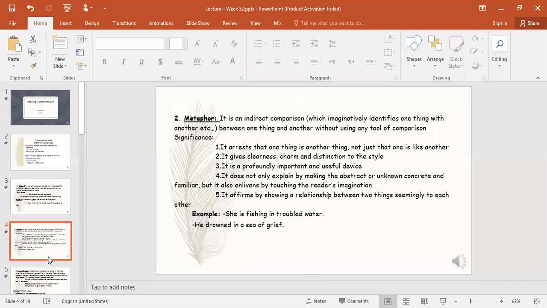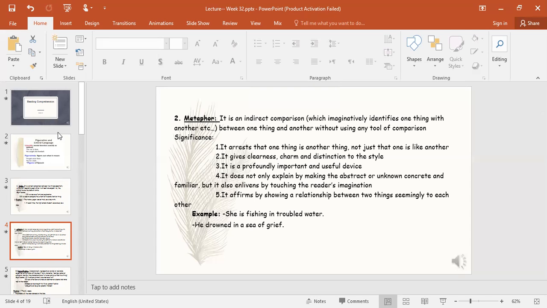The simile is a direct comparison in which we use as or like, and the metaphor is an indirect comparison which compares two things that are, of course, opposite, unalike, but resemble each other in one way, without using the tools of comparison, meaning without using as or like.